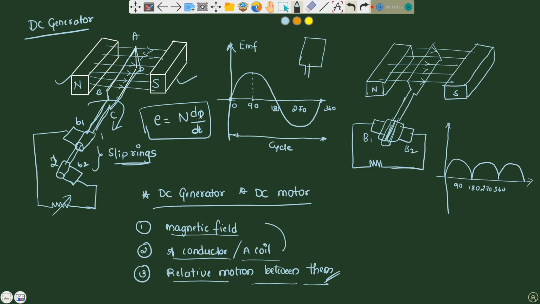At 360 degrees we get zero induced EMF. Therefore the current in this simple loop generator reverses its direction after every half cycle or half revolution. That is why it is called alternating, but it keeps its magnitude constant. Here you can see its magnitude is constant in both directions.